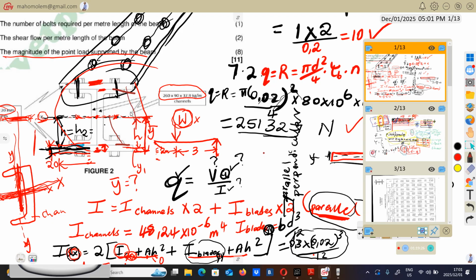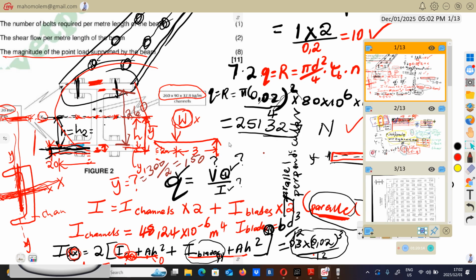Now the total height will be 20 plus 260 plus 20, which is 300. 300 divided by 2 is 150, in millimeters.